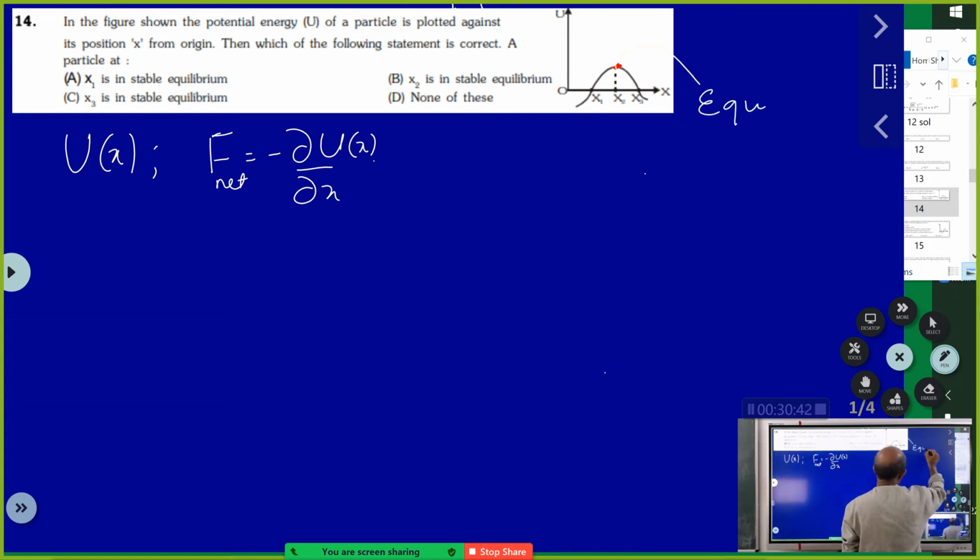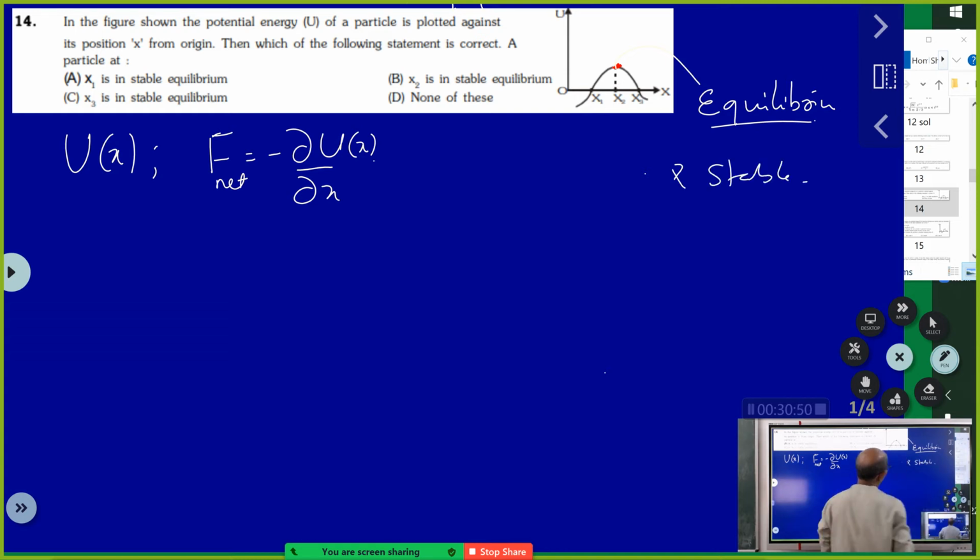Equilibrium condition. So there is a difference between equilibrium and stable equilibrium. Equilibrium is net force must be 0, net torque must be 0. But for stable equilibrium, one more condition is there. What is that condition? The curve should be concave upwards.